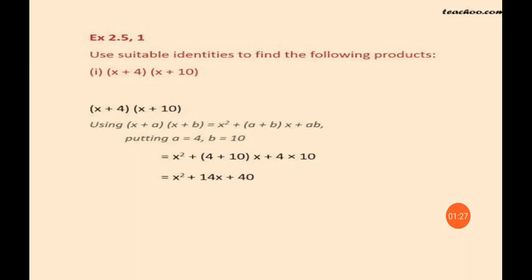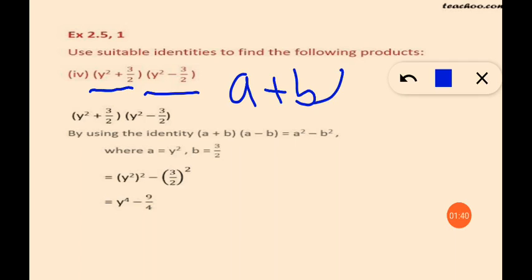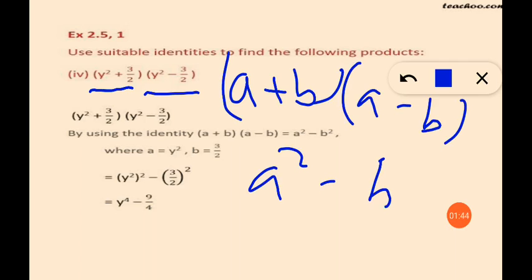Moving towards the next part of question 1, that is the fourth part. The fourth part says (y² + 3/2)(y² − 3/2). We know we have the formula (a + b)(a − b) = a² − b².